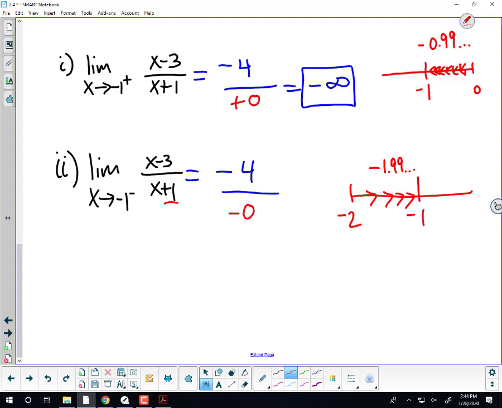So the overall limit would be positive infinity. You've got a negative over a negative, that gives us the positive, and the denominator approaching 0 gives us the infinity. So both signs, up top and bottom, give you the sign of the infinity. The denominator approaching 0, while the numerator is fixed, gives us the infinity part.